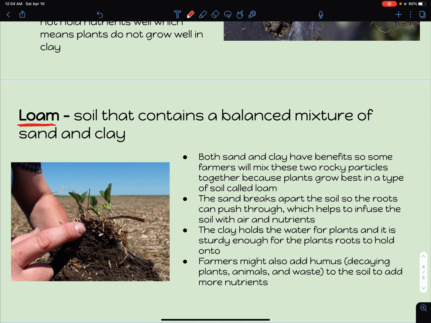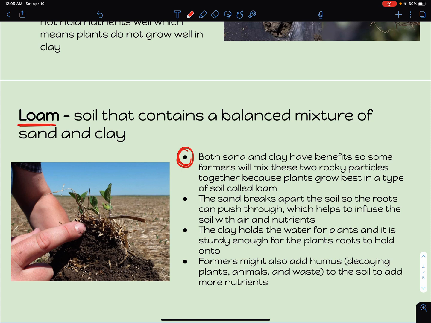And farmers might also add humus. Remember, that's the decaying plants, animals, and waste, added to the soil to give that soil even more nutrients for their plants. So over here is just a picture of some of that loam soil mixed together with some plants growing out of it. From this, I would like for you to write down this bullet point.